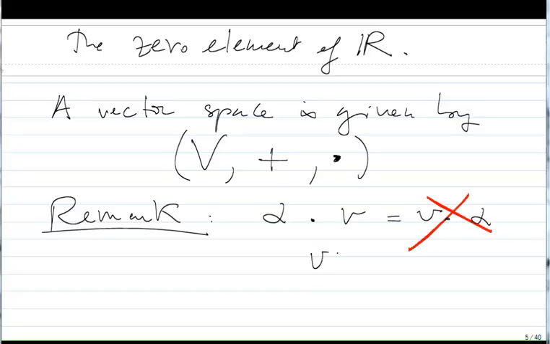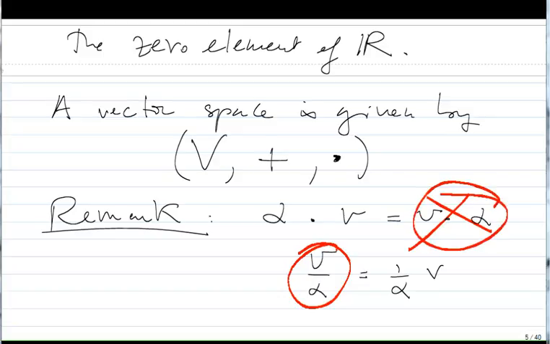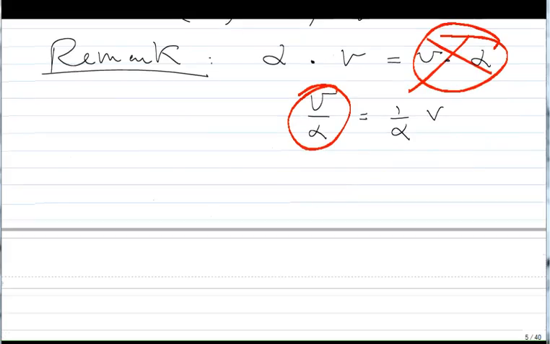This is sometimes written that way, though we should write it the other way, but sometimes we abuse the notation and keep it. This one is okay, though not advisable, but putting the number on the right is out. So we always put numbers to the left, not to the right.